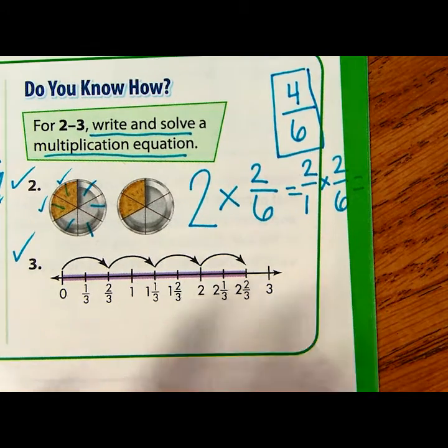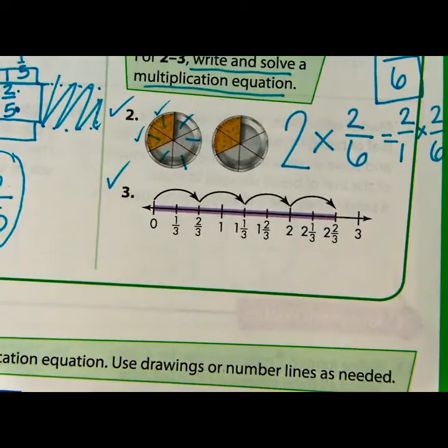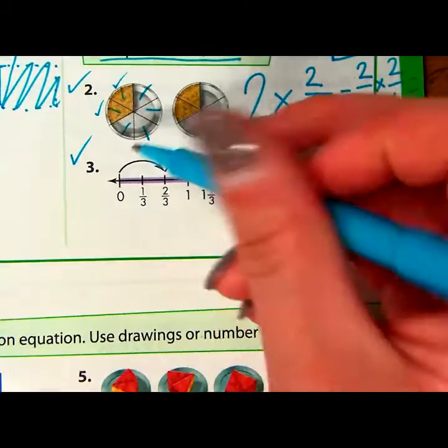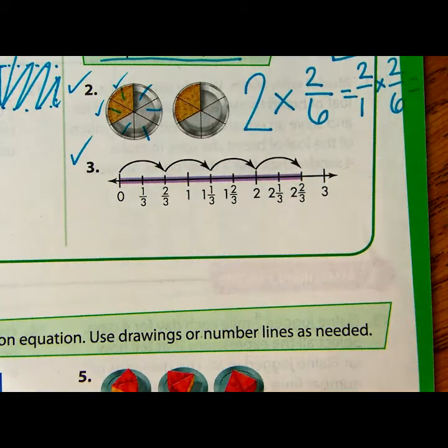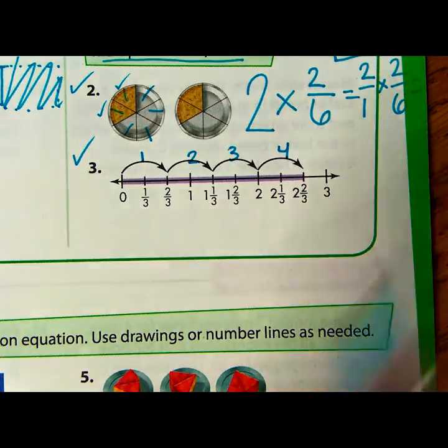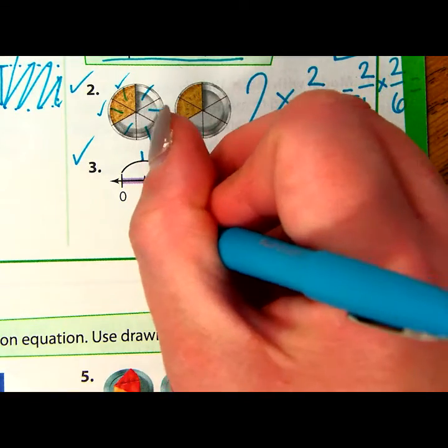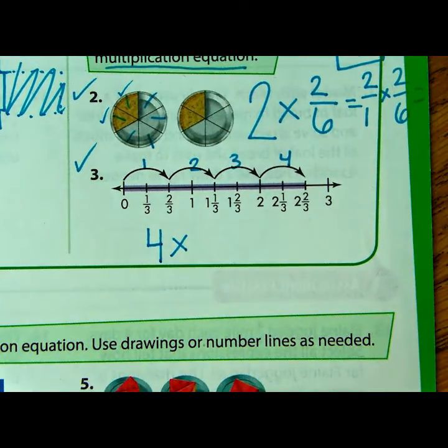Let's try this one. On a number line, this is a little tricky. I see here, it looks like 4 groups. That's just visually what I see. Here's 1, 2, 3, 4. Hopefully you can see the same thing. So that's the whole number 4. And then what is it that we're multiplying by? Well, it looks like it went up 2/3.